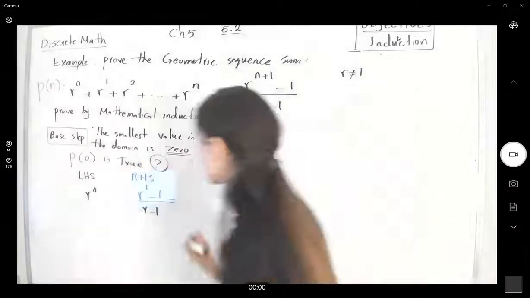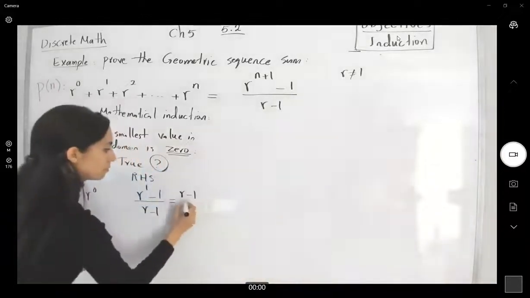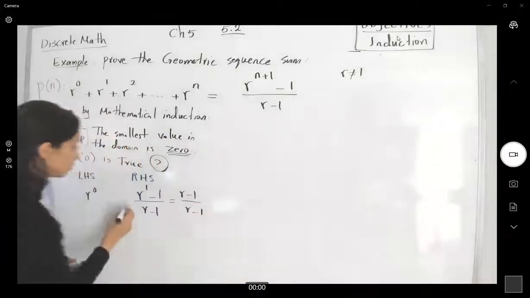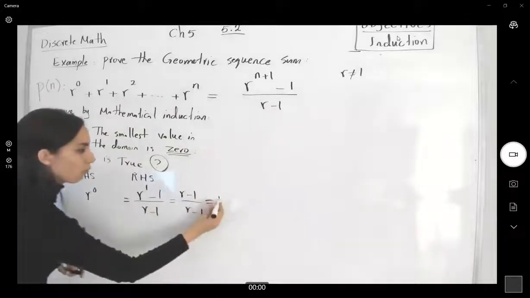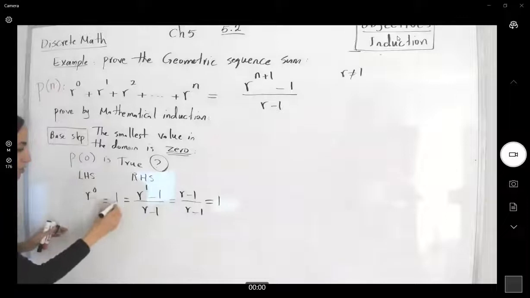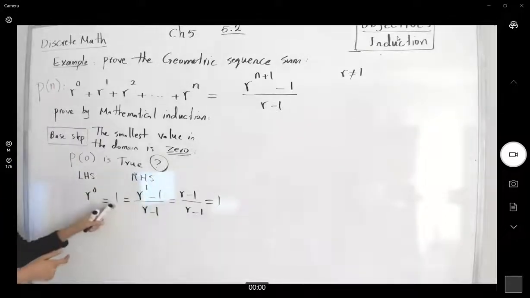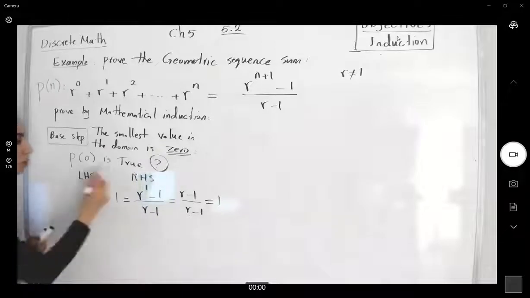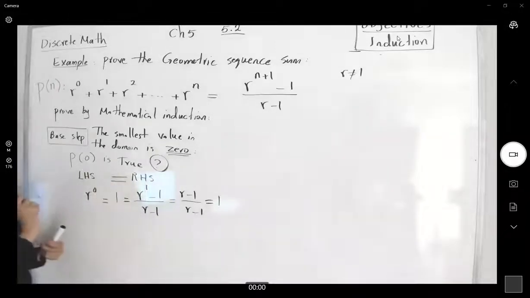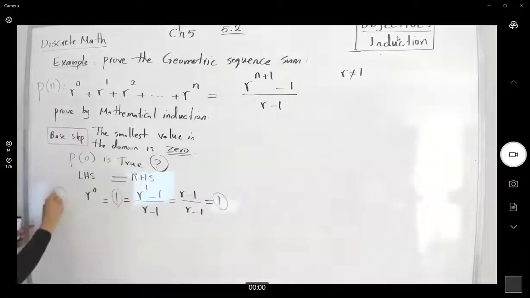This is r minus 1 divided by r minus 1, which is equal to 1. r to the power 0 is also 1. So we just showed that the left-hand side is 1, and it is equal to the right-hand side, which is 1. So we're happy about our base step.